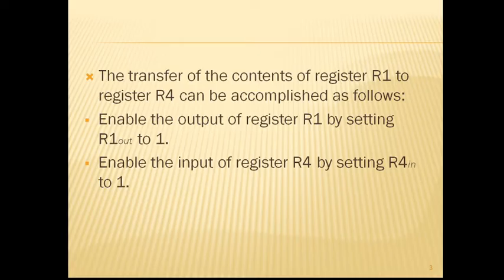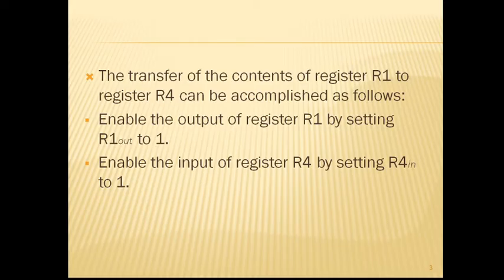I cannot directly copy the data of R1 to R4; I have to go through the bus. So I should set R1 out to 1. At this point, the data present in R1 can be placed onto the processor bus.